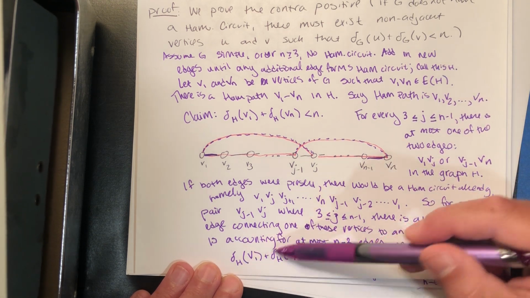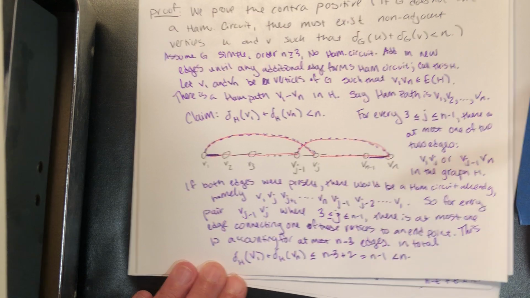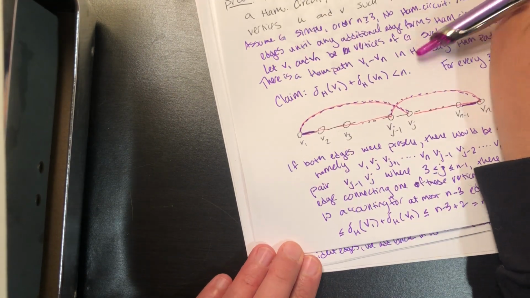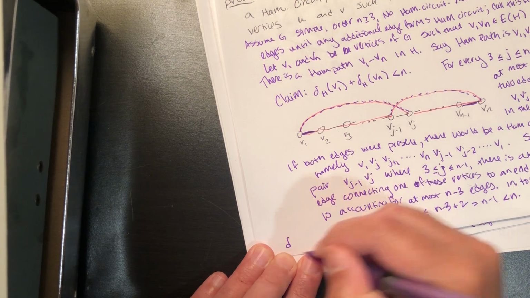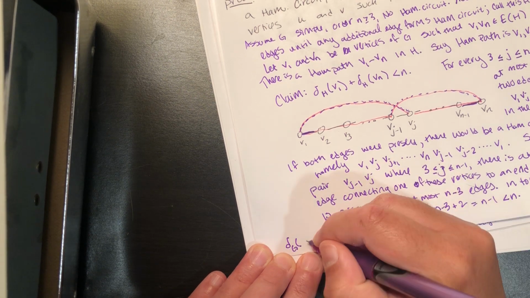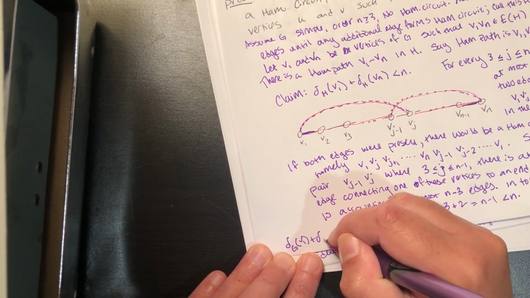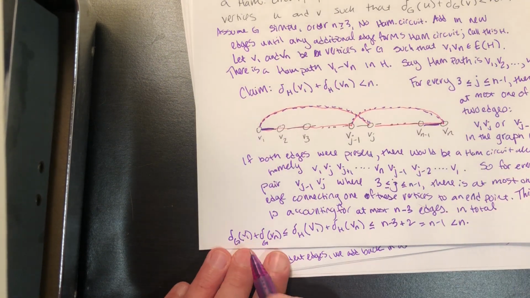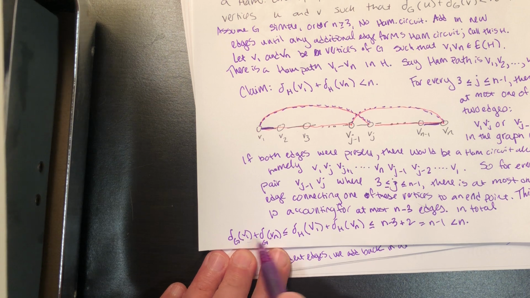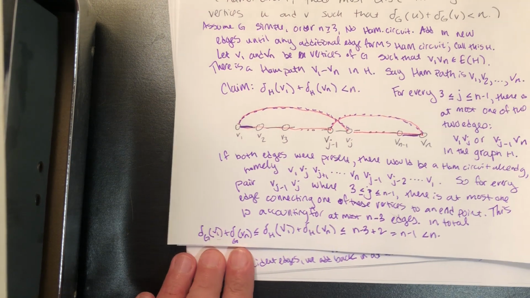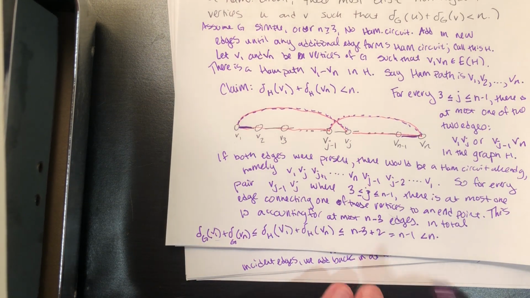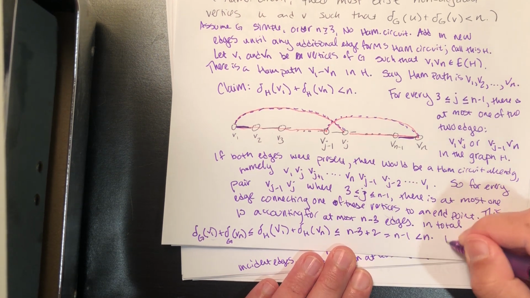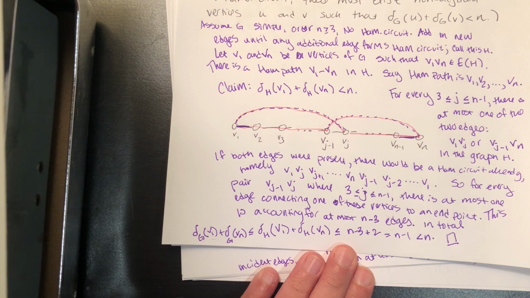Right, so these degrees couldn't be any smaller than the degrees in G. And so this, just by the definition of G and H, is less than or equal to the degree of V1 in G plus the degree of Vn in G. Okay, so this is what we were trying to show. This is a contrapositive, that the sum of the degrees in G is strictly less than n. So this proves a contrapositive, which proves the original statement as well.